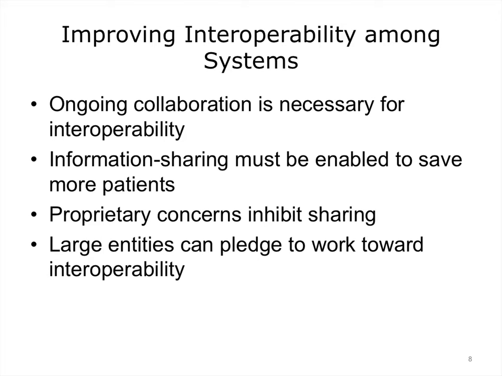Information sharing must be enabled to save more patients' lives. However, various corporations' concerns surrounding proprietary systems and software can inhibit working together and sharing interface information or data. Large entities are requested to pledge working toward interoperability, even if it means sharing data with competitors' systems.